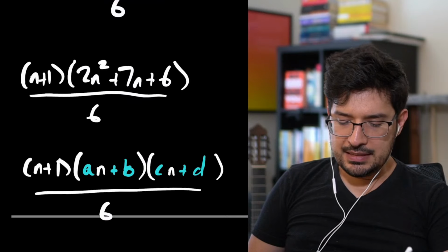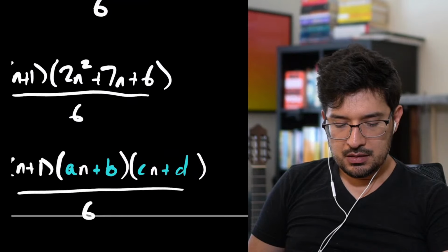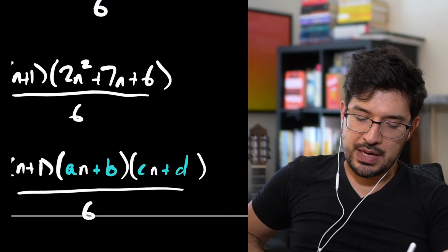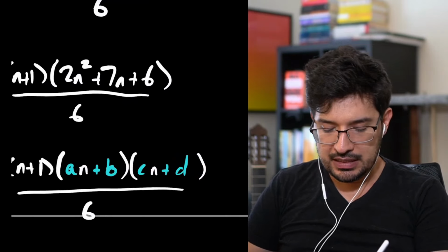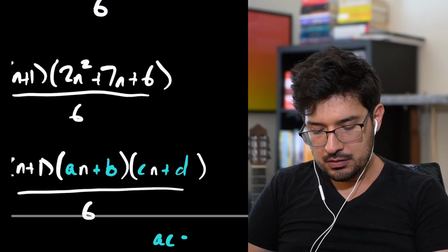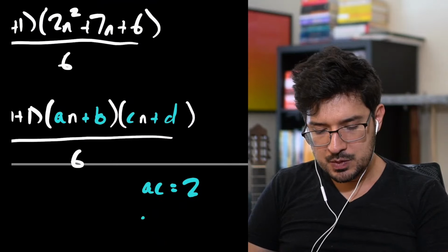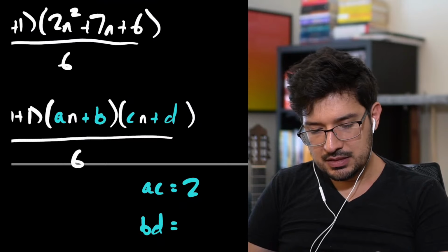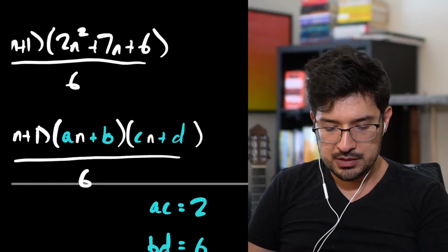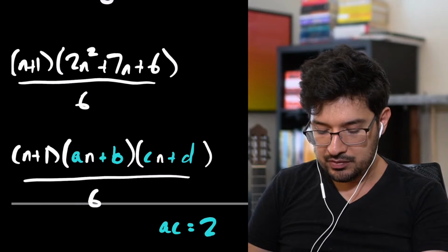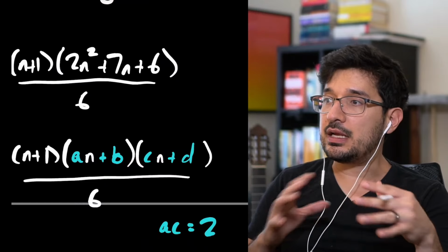We want a times c. When we distribute, a times c has to equal 2. B times D, those need to multiply and equal 6. So I'm thinking of foiling.